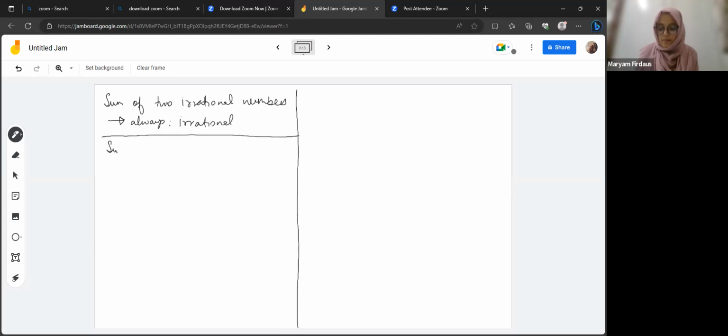And sum of a rational number with an irrational number, what do you think it will be? It will always be again irrational. Okay. So this was about the sum.